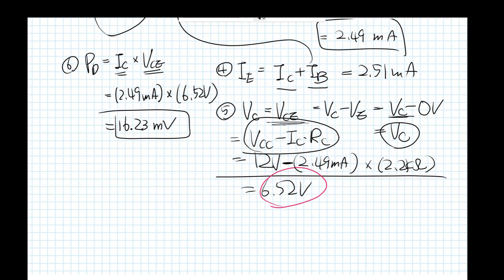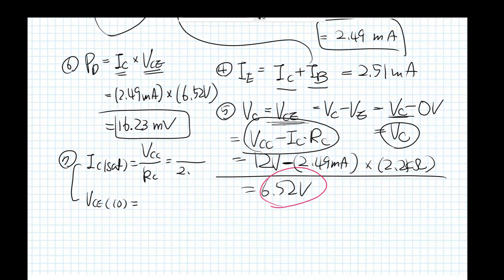And we learned before, the question 7, we have to find I sub C saturation and also V sub CE cutoff. Okay, so I sub C saturation is V sub CC over R sub C. That is the 12 volt over 2.2 kilo ohm. That was 5.45 milliamp.